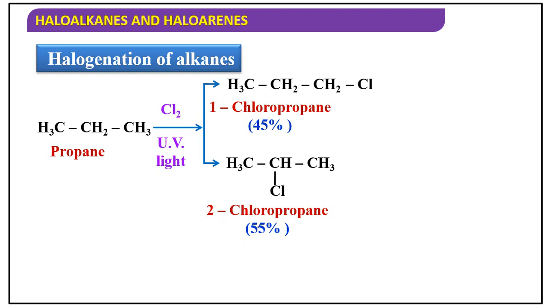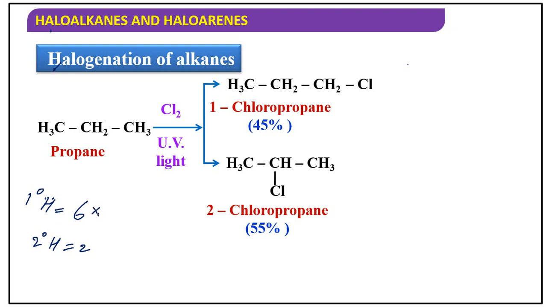How do we get to know this? See here, you have to count the hydrogens. Primary hydrogens are 6, secondary hydrogens are 2. What is the reactivity of chlorine with primary? We said already, 1.